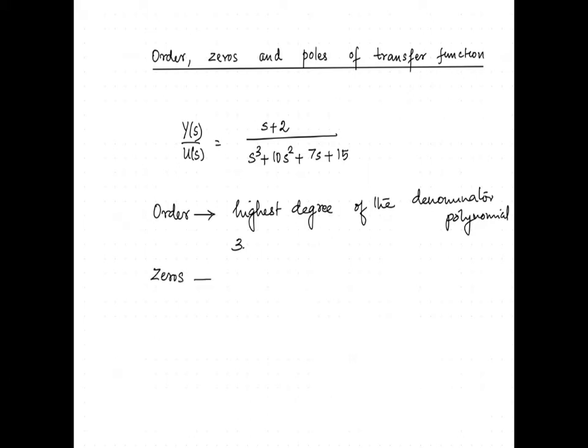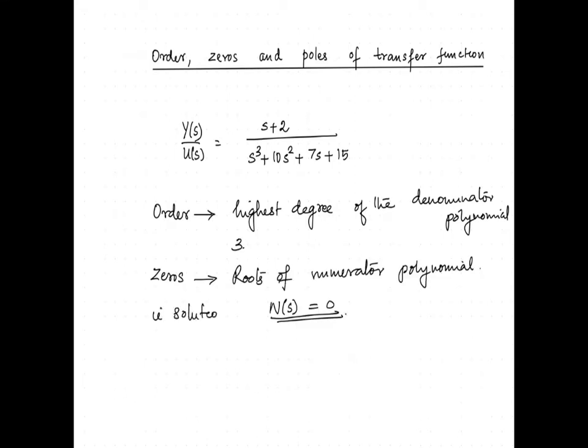Zeros are given by the roots of the numerator polynomial. That is, the solution of N(s) = 0, where N(s) is the numerator polynomial, will give you the zeros. Similarly, poles are roots of the denominator polynomial.